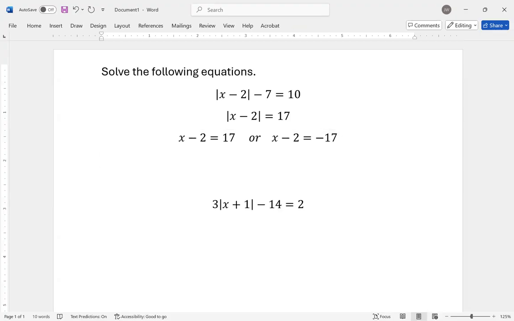Either way gives me a solution. For each of these equations, I solve individually. So I would add 2 to both sides. The first equation would give me x is equal to 19. The second equation would give me x is equal to negative 15.